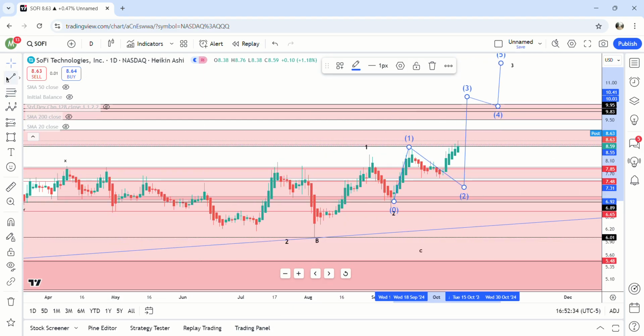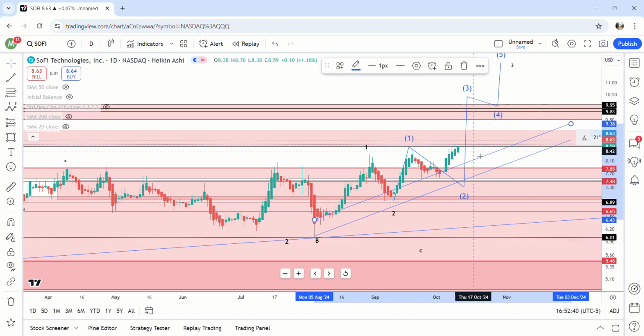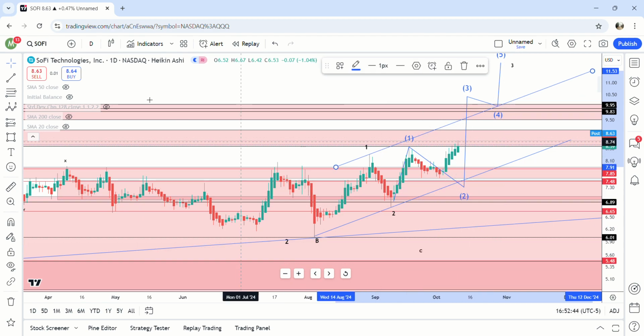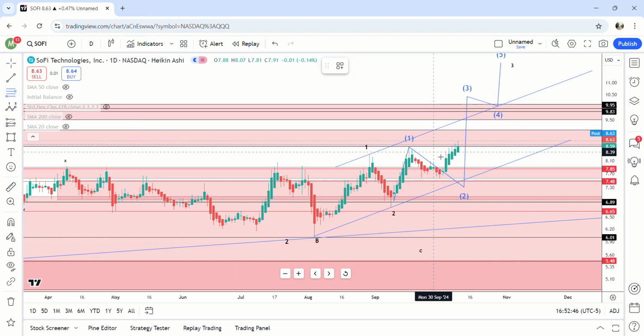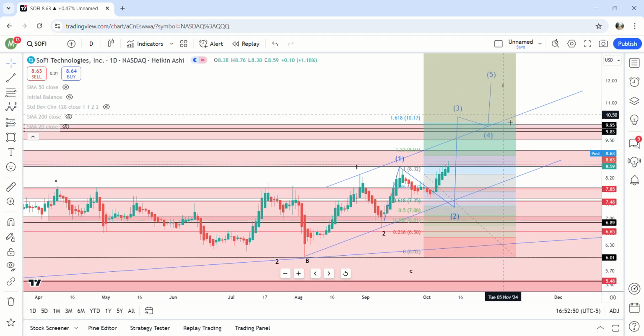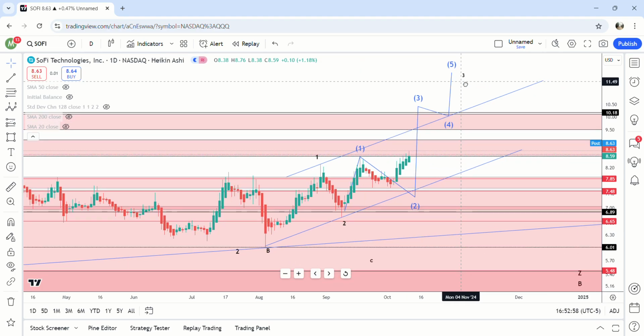Something like that. Similar to the overall move, we need to see a move outside this parallel line to confirm that it is an impulse move. And we've got to see a minimum of 1020, which is pretty much a given if we're going to go up to 16 bucks. The third wave is probably going to be longer.